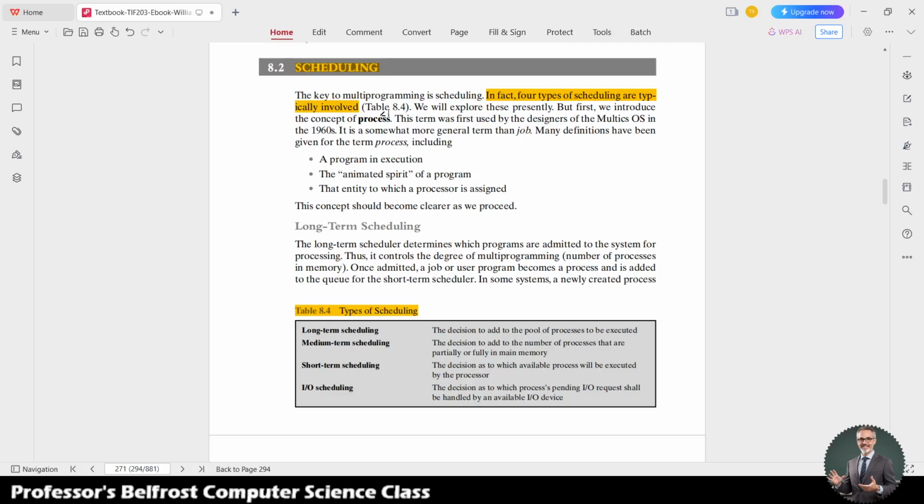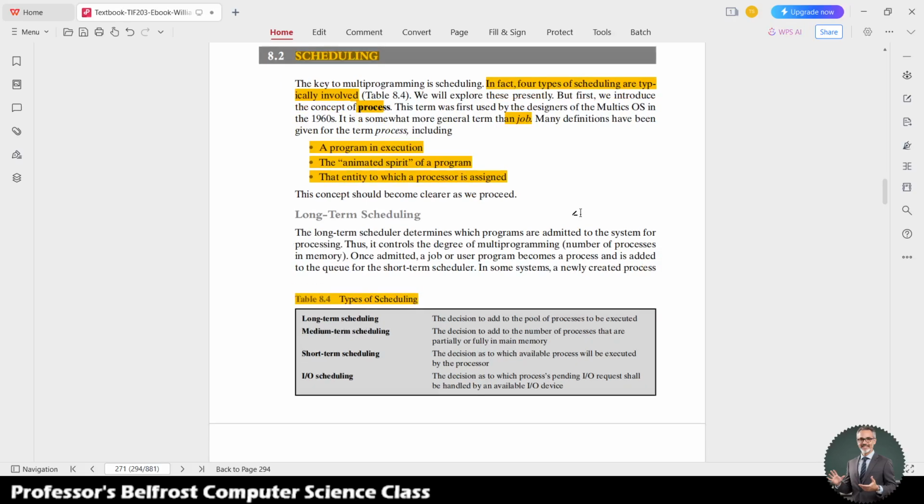First, we need to introduce the concept of process. It is somewhat more general than the term job, but the term process includes a program in execution, and the entity to which a processor is assigned.